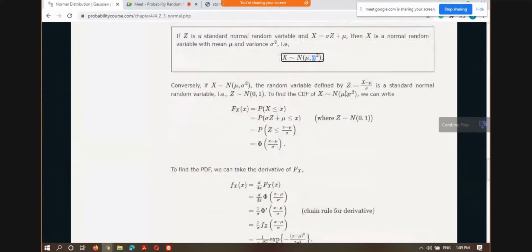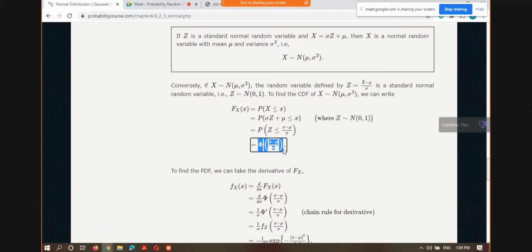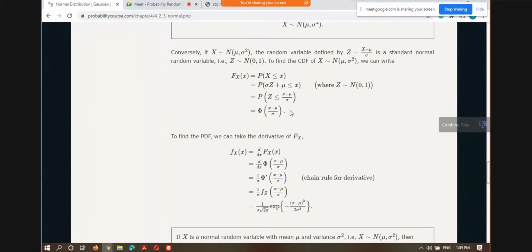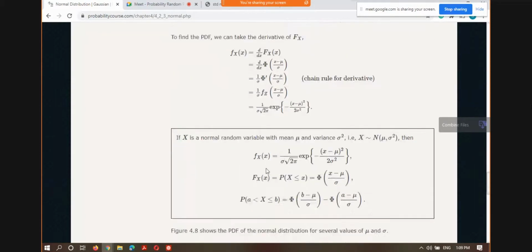And another thing we learned is that if we have a normal random variable X with mean mu and variance sigma square, then we can calculate its cumulative distribution function in terms of the standard normal distribution function, like capital phi of (x minus mu) upon sigma. In this way we can calculate probabilities also.